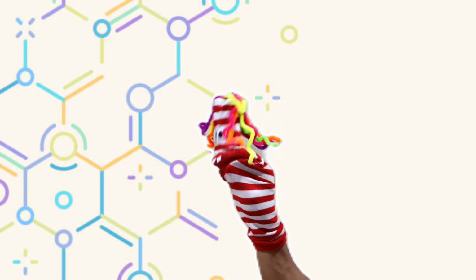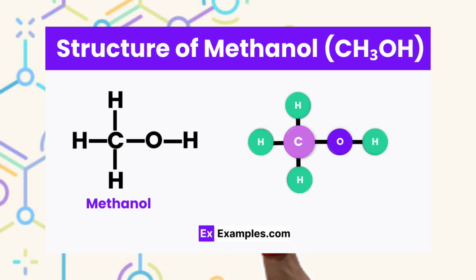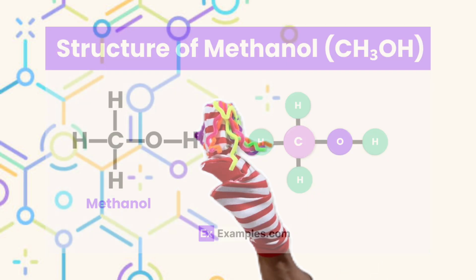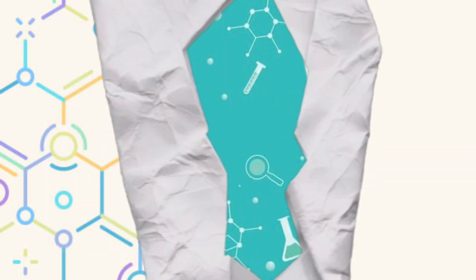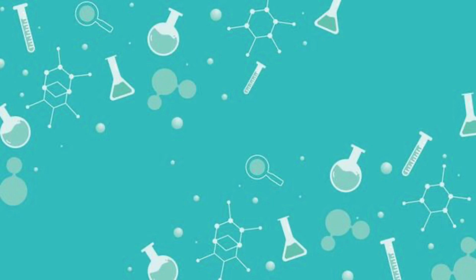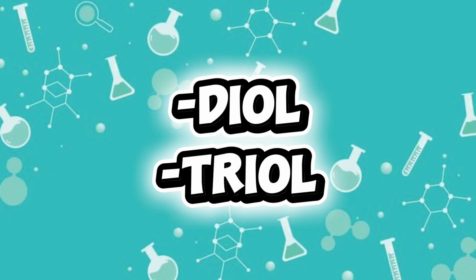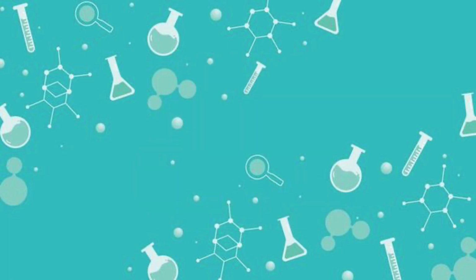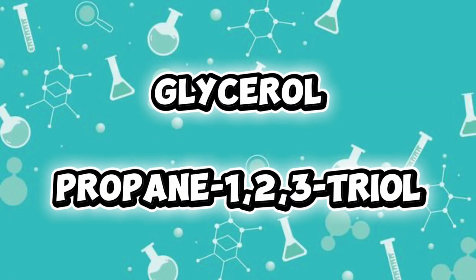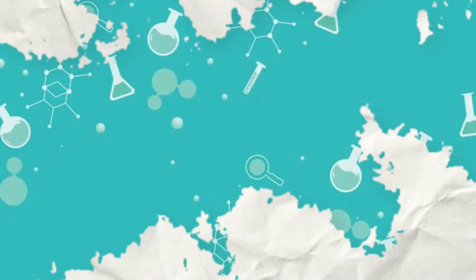Therefore, the IUPAC name of the compound is simply methanol. When more than one OH group is present, prefixes like diol or triol are added. For example, glycerol is propane-1,2,3-triol.